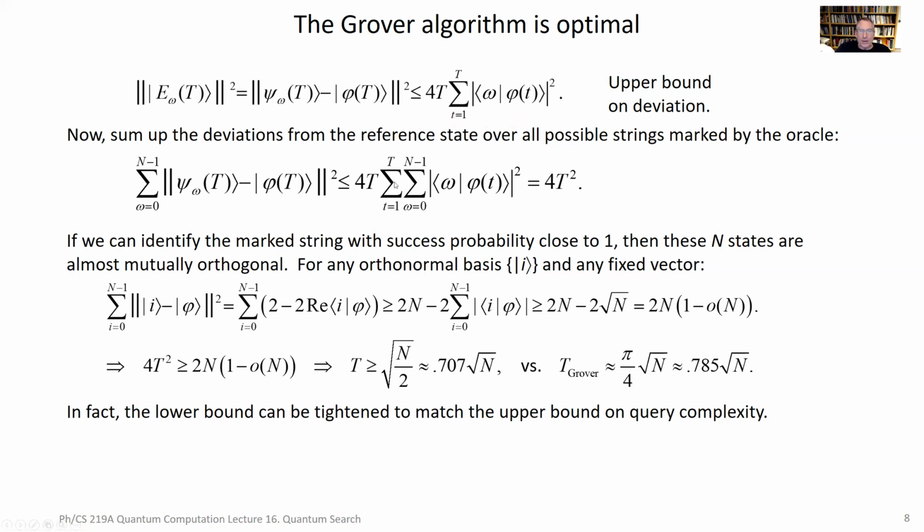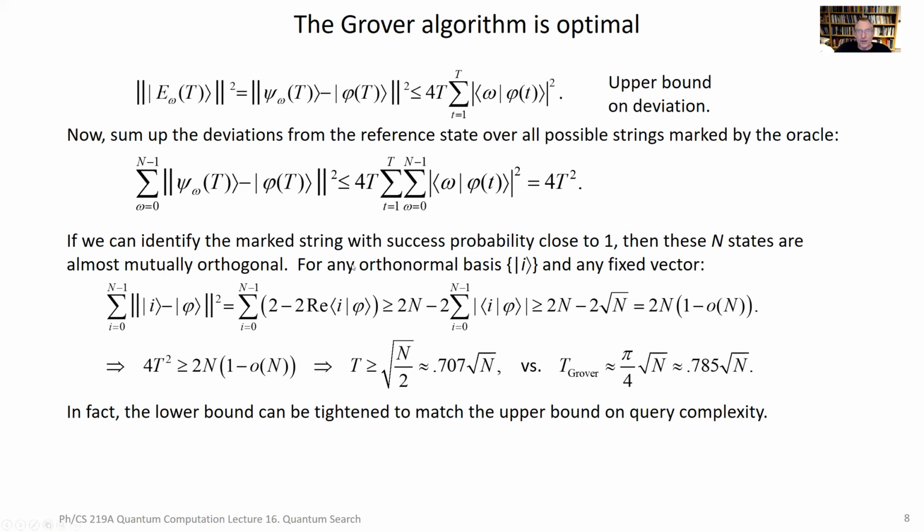Now I'm going to reverse the order, because why not? They're finite sums, between the sum over little t and the sum over omega. The nice thing is that the sum over omega of the absolute value squared of the inner product of omega with phi of t is just equal to 1, because it's just the sum of all the components of phi of t along an orthonormal basis squared, and phi of t is a normalized vector.